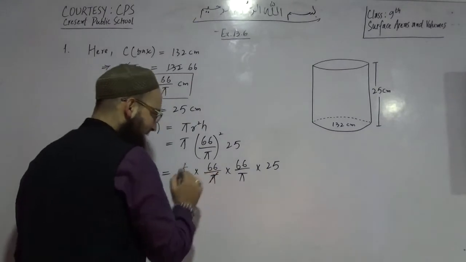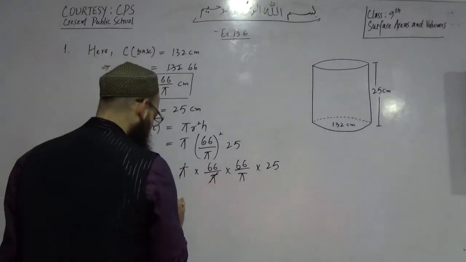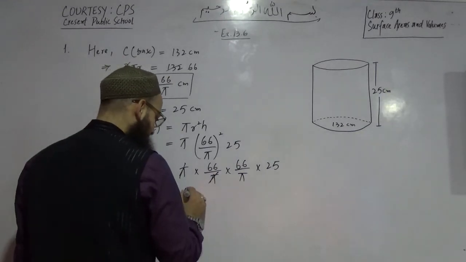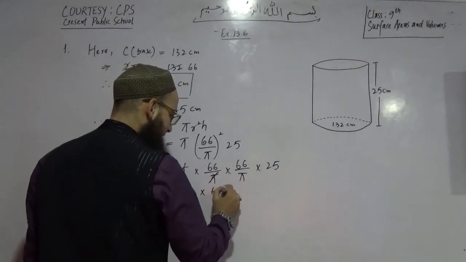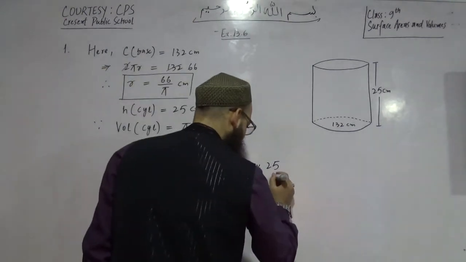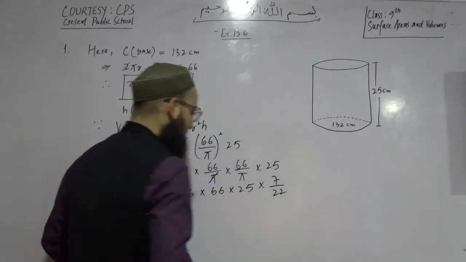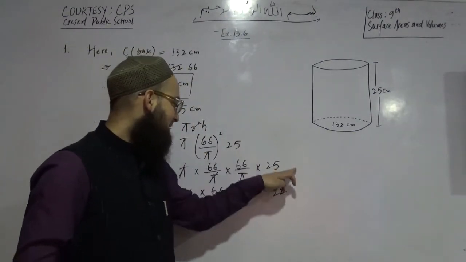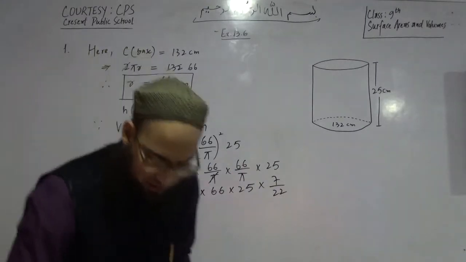Now pi and pi get cancelled. Then for this you can write 66 times 66 times 25 times 7 by 22, because it's 22 by 7 in division, so on multiplication it will become 7 by 22.